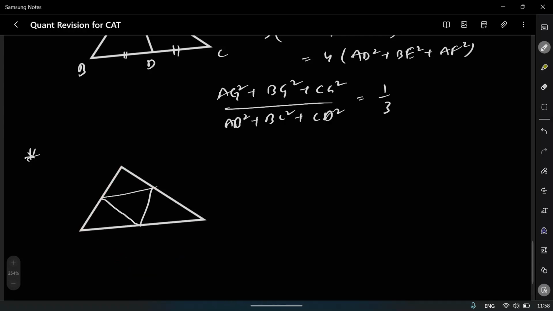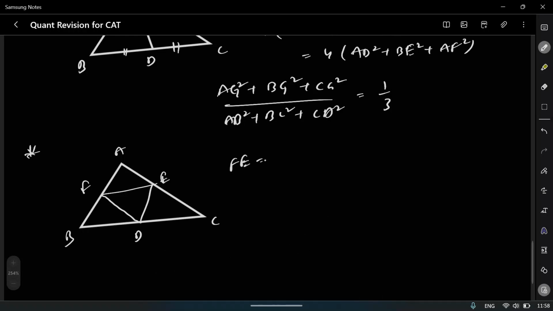So A, B, C, D, E, F. FE equals BC by 2 and FE is parallel to BC. This is one property.